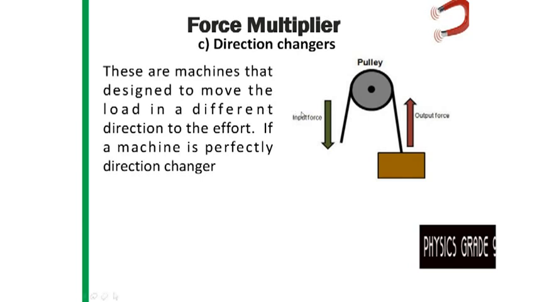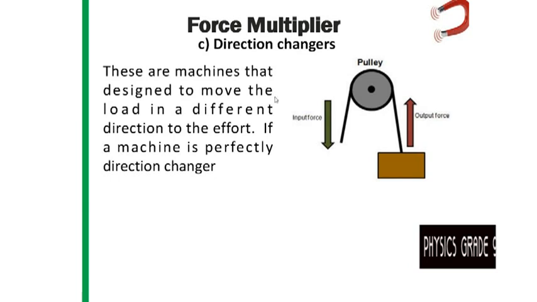So, for example, if we look at this diagram here where we have a pulley system, you can see that by applying an input force downwards, in other words, by pulling on this rope, the pulley rope, the output force will be moving in the opposite direction. So in other words, this is useful if you want to lift an object upwards. You apply a downward input force, and that results in an output force which moves upwards.